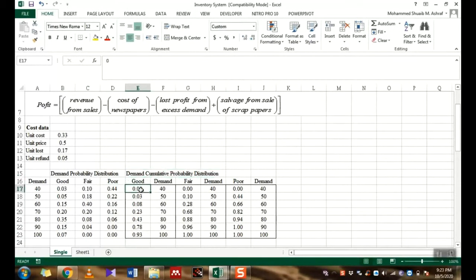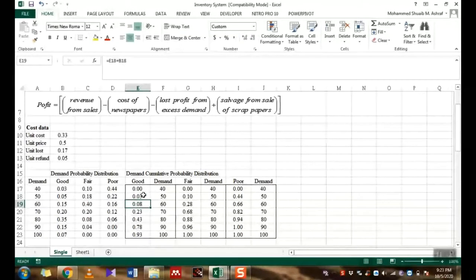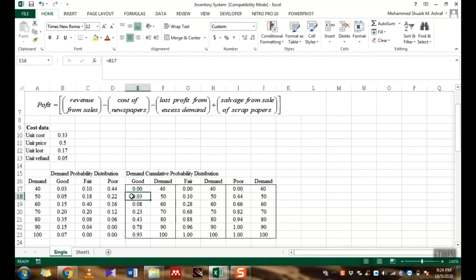We will compute the cumulative probability here. How will we compute it? We will start from 0, then copy this value from here and add, this plus this, then this plus this plus this, and so on.